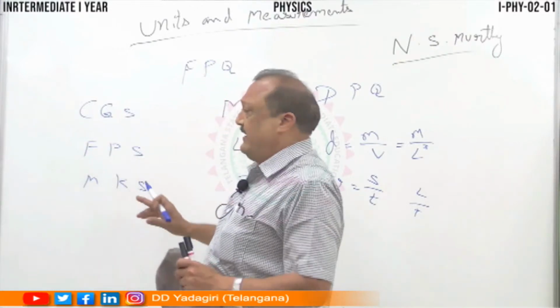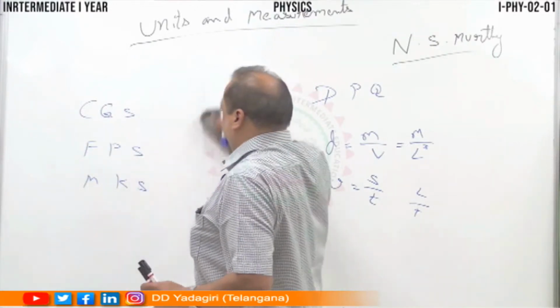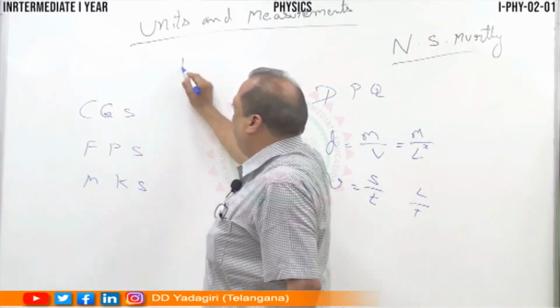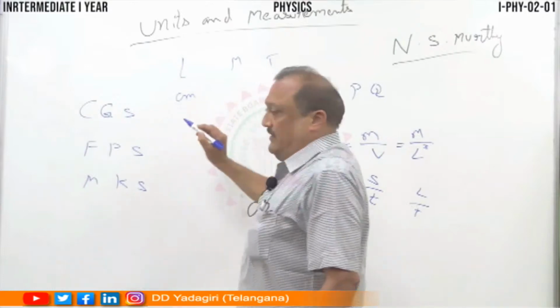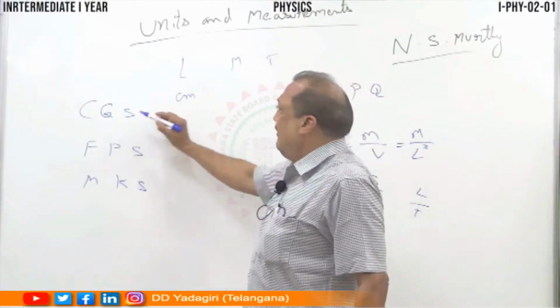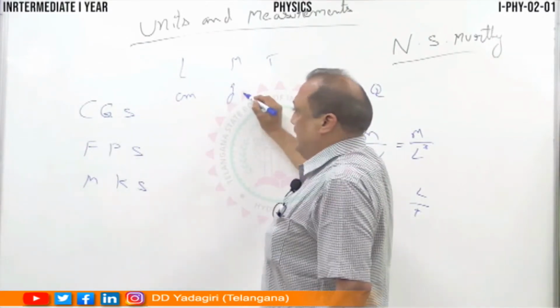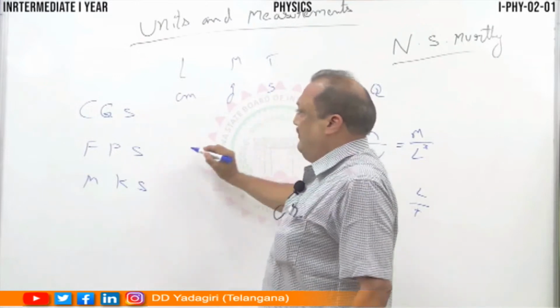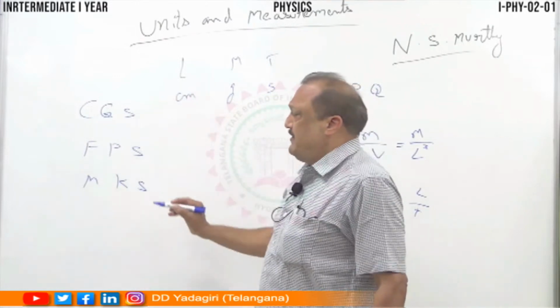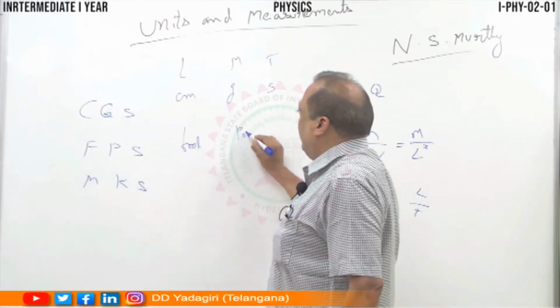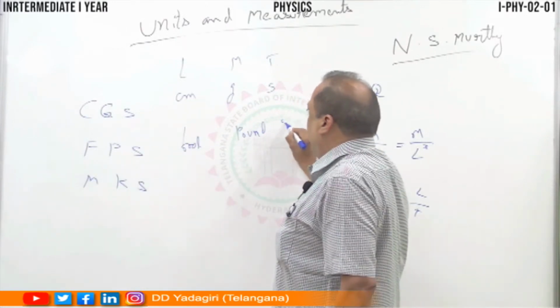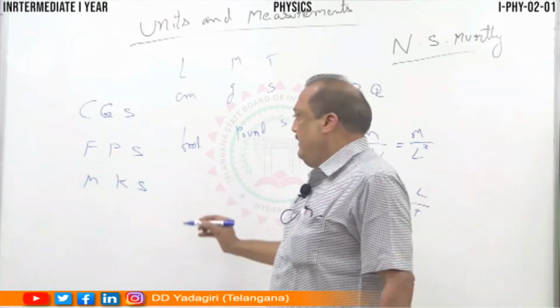Meter, kilogram, second. In CGS system, the unit of length is centimeter, unit of mass is gram, and unit of time is second. In FPS system, foot is the unit of length, pound is the unit of mass, and second is unit of time.